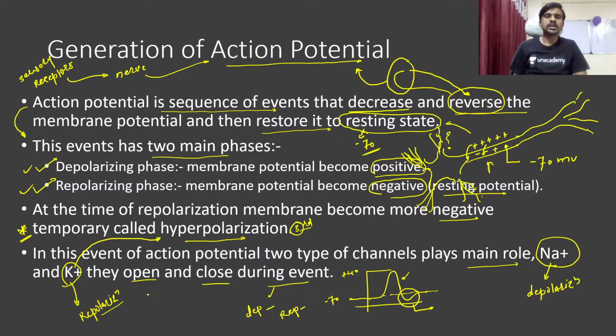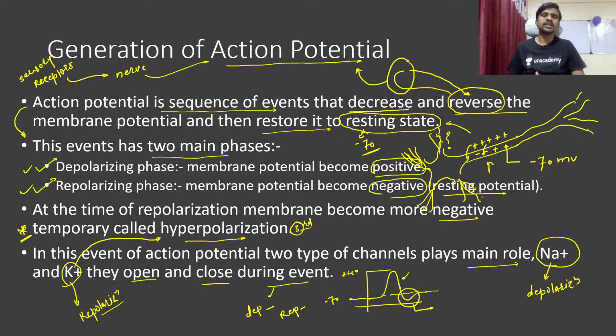Okay, if anyone asks in the paper what causes hyperpolarization, it is because of K plus, because of the potassium channel. The potassium channel opens for a longer time than required, and that's why the membrane potential decreases to a more negative value compared to the resting potential.